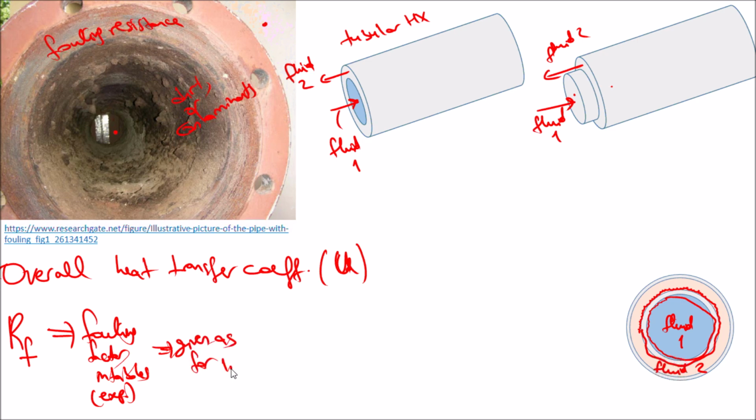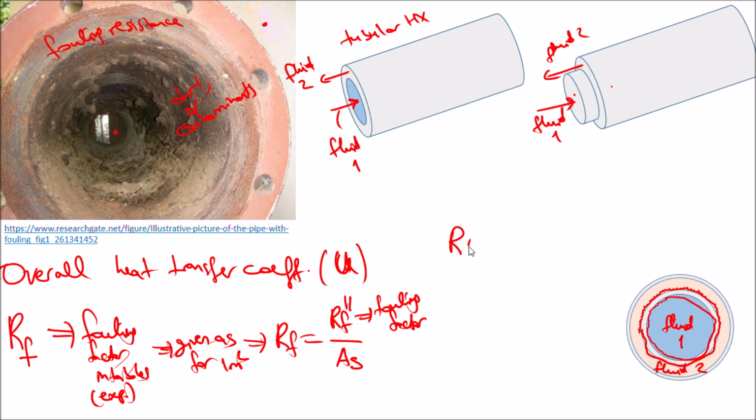for 1 meter square. It is very similar to thermal contact resistance. What you will do is divide the fouling factor by the surface area to get the fouling resistance. And it is very similar to thermal contact resistance.